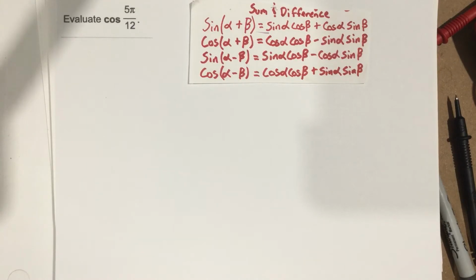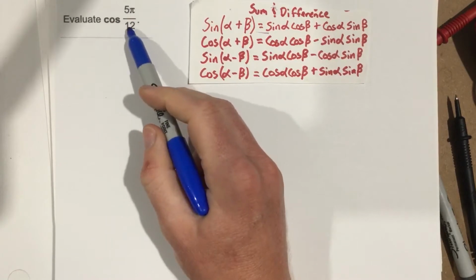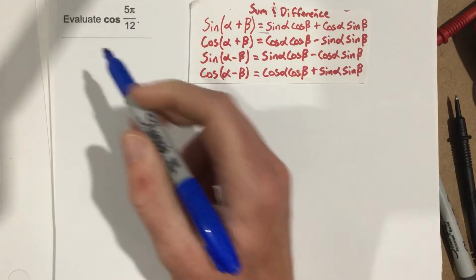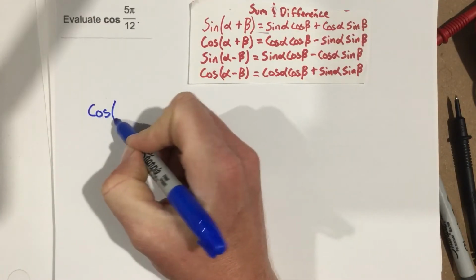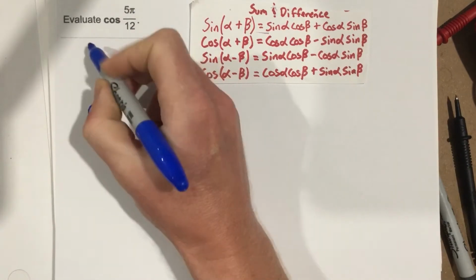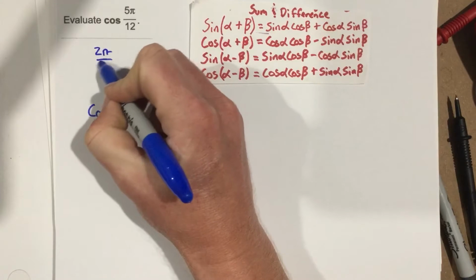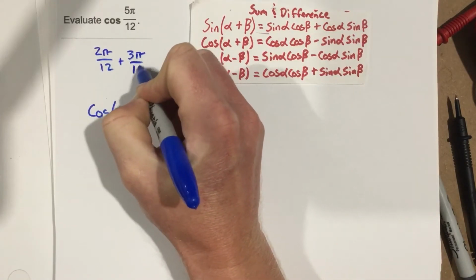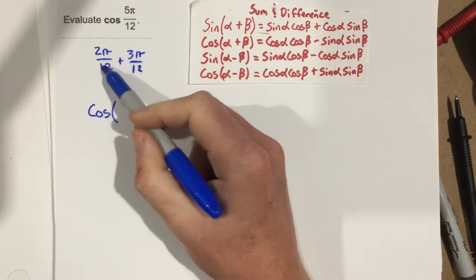So the first thing we're going to do is say that cosine of 5 pi over 12, I'm going to break that down into two pieces that I can simplify. So cosine of 5 pi over 12 is cosine of, let's break 5 pi over 12 down. We can break that down to, let's see, 2 pi over 12 plus 3 pi over 12. And my goal when I split this is I can split this using a subtraction or addition, but I want these to reduce.